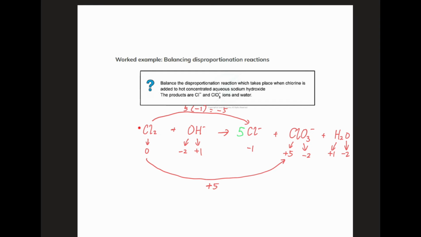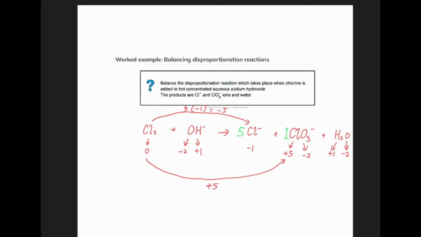Since you are not multiplying any number to this, it has to remain as 1, and this has to remain as 1. Let's say I write 1 here. By right, no need to write if it is 1, but I write it just to let you know that we have considered it.